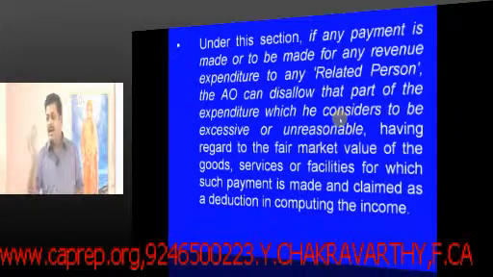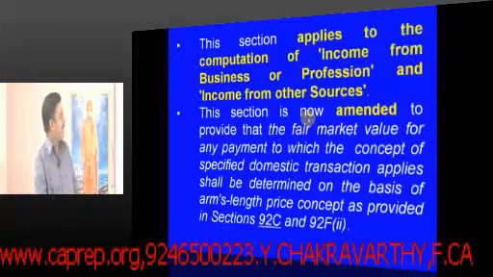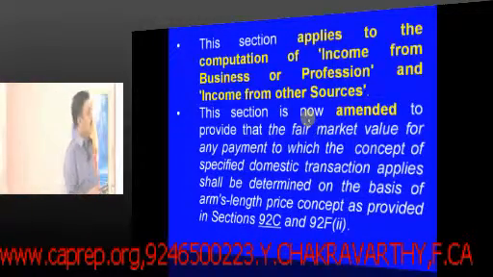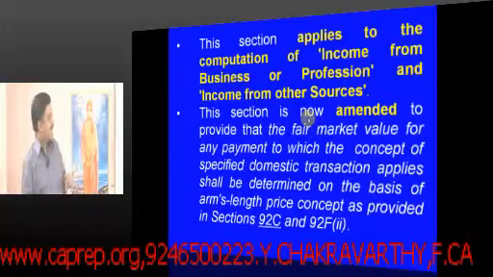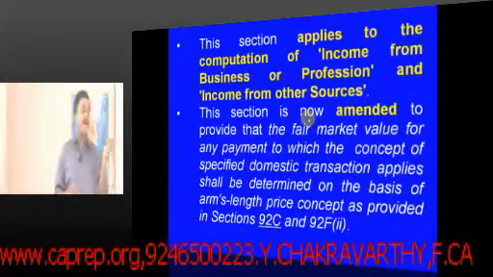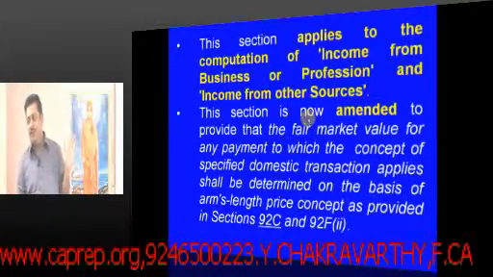Again, it must be an expenditure which you have claimed against your taxable profits. So this section applies to the computation of income under two heads. One is income from business and profession, and second is income from other sources. If the expenditure is coming under other heads of income, it is not to be invoked.